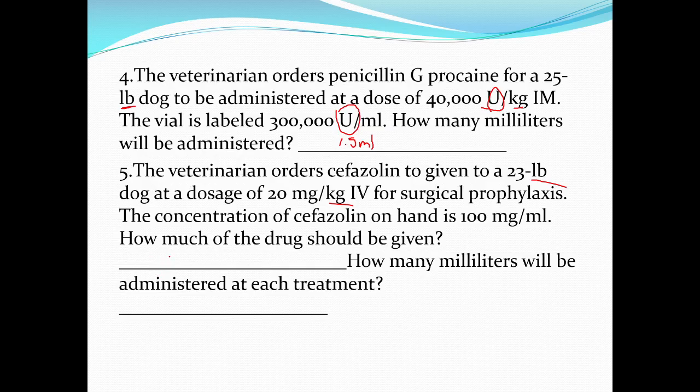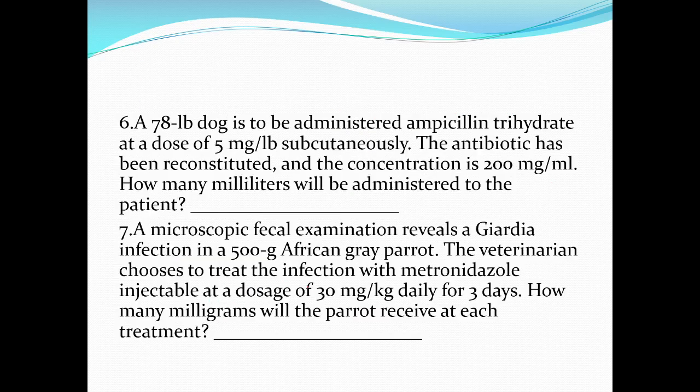So it's 209 milligrams. How many milliliters is 2.09? Look at the question, see what we're asking for. What unit are we asking for? Make sure you pay attention to that.